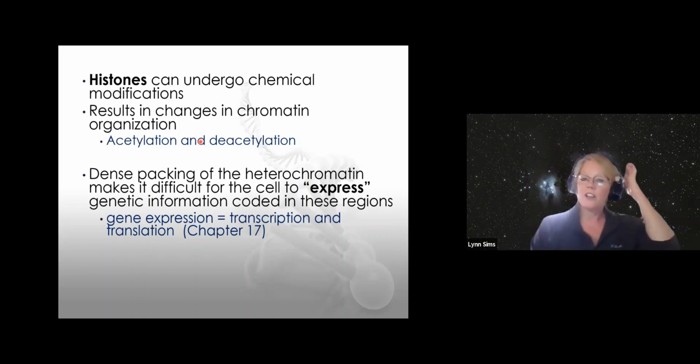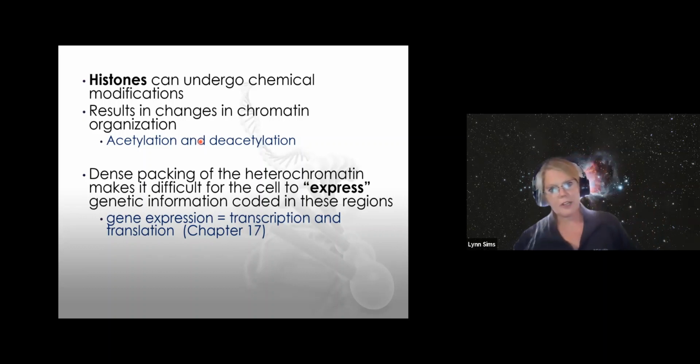The next chapter, which will be next week, is chapter 17, gene expression. We're going to talk about the details of the process of transcription and translation. We're also going to talk about mutations in DNA and how they affect the proteins, the product of the genes.